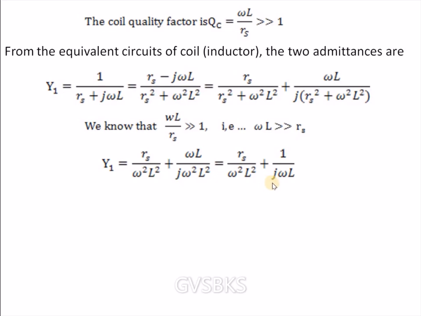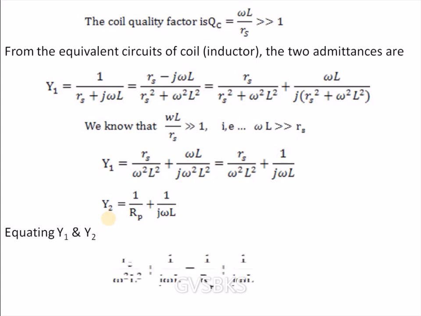Therefore, this can be written as RS by omega square L square plus, by cancelling omega L and omega square L square, 1 by j omega L. Y2 is the admittance of the parallel R and L circuit, which is 1 by RP plus 1 by j omega L. If we equate Y1 and Y2, then the LHS is for the series circuit and the RHS is for the parallel circuit.